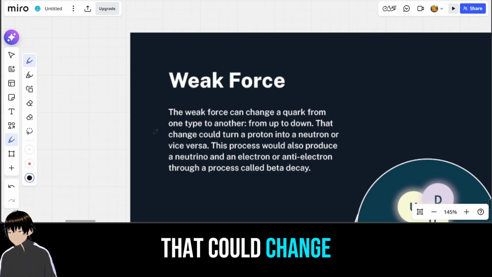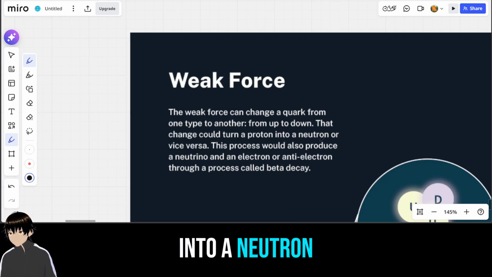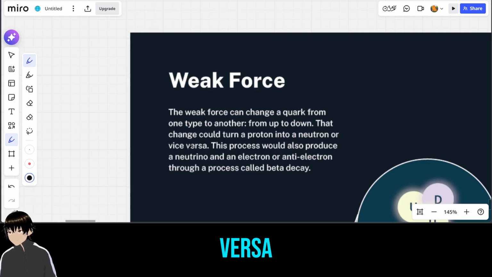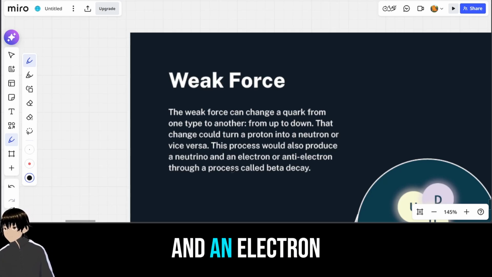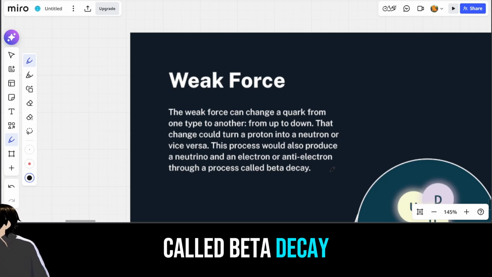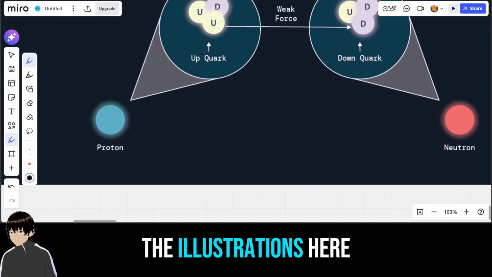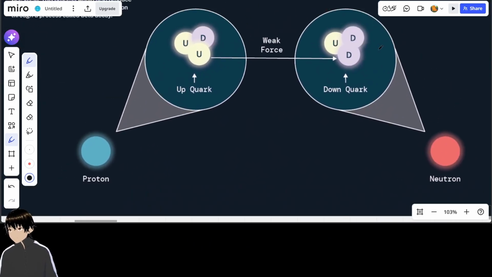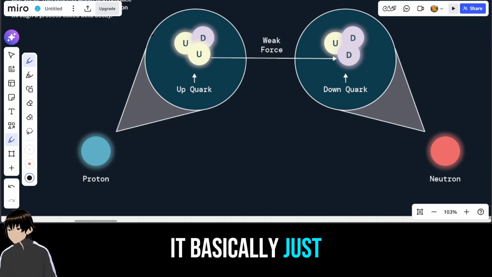That change could turn a proton into a neutron, or vice versa. This process would also produce a neutrino and an electron or anti-electron through a process called beta decay.